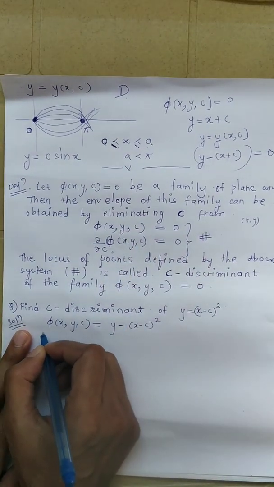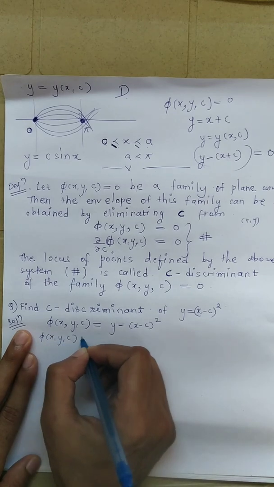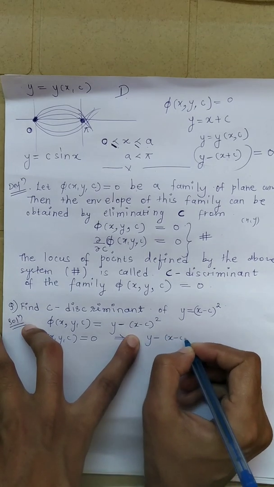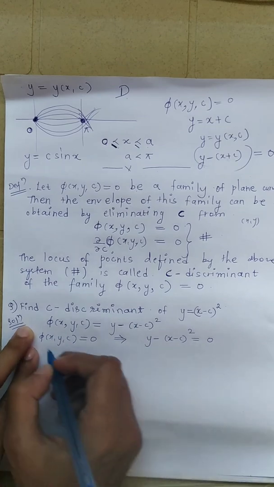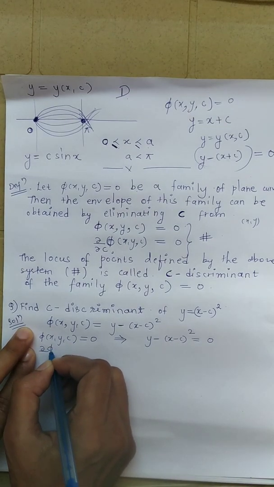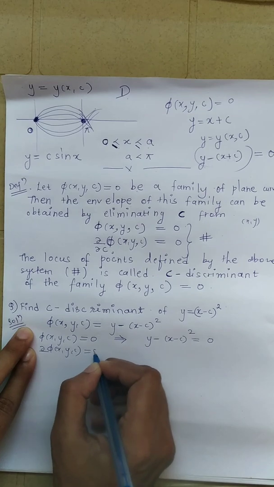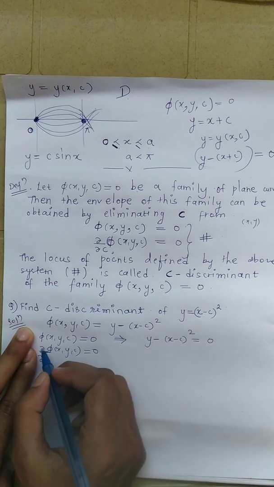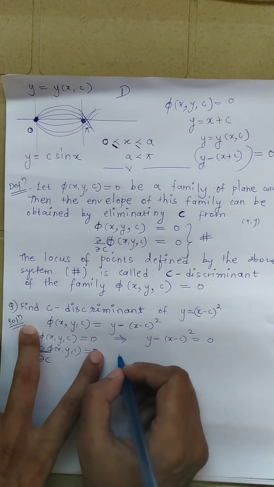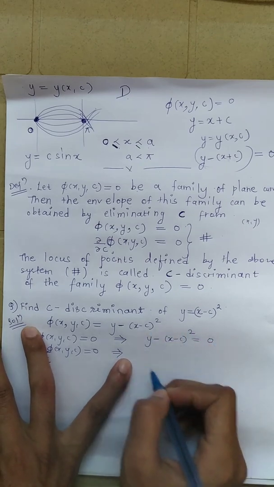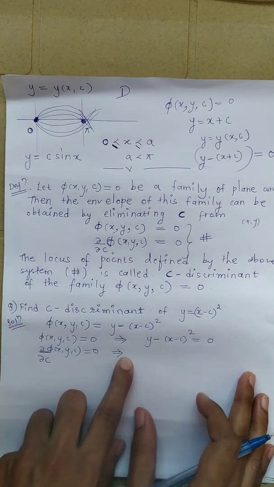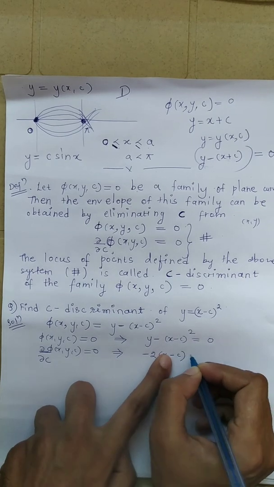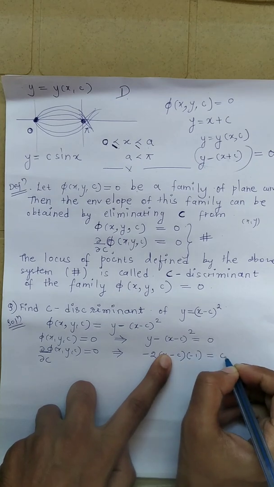So phi x y c equal to 0 implies y minus x minus c square equal to 0, and differentiating phi with respect to c and equating it to 0 implies minus 2 into x minus c into minus 1 equal to 0.